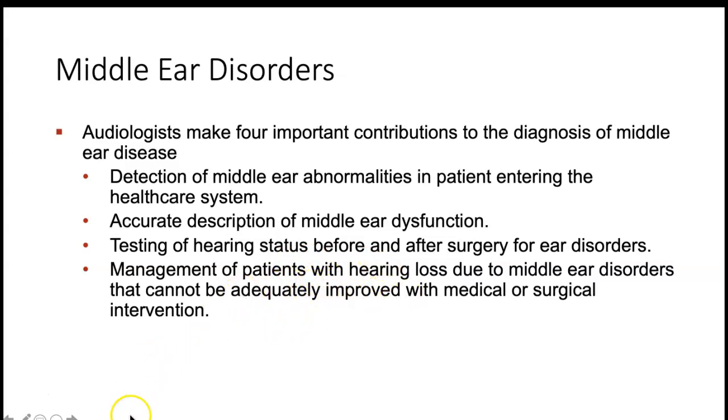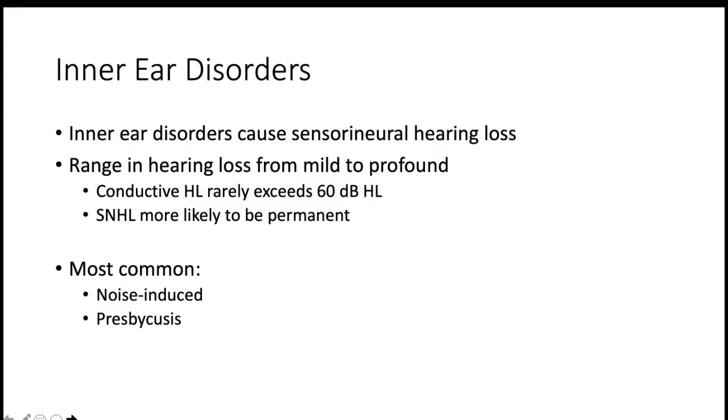And then sometimes we will fit different types of devices if the conductive loss is not able to be corrected medically. So inner ear disorders, these are related to function of the cochlea or auditory nerve, causes sensory neural hearing loss as opposed to conductive.